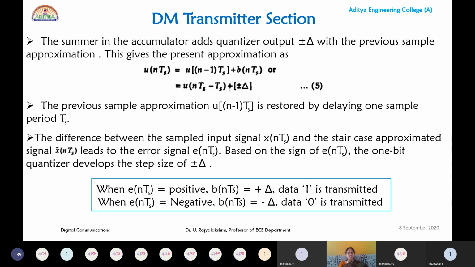We already defined this many times in the last class. When e(nTs) is positive, b(nTs) will be plus delta, then data 1 will be transmitted, encoded as 1. When e(nTs) is negative, b(nTs) is minus delta, so data 0 is transmitted.